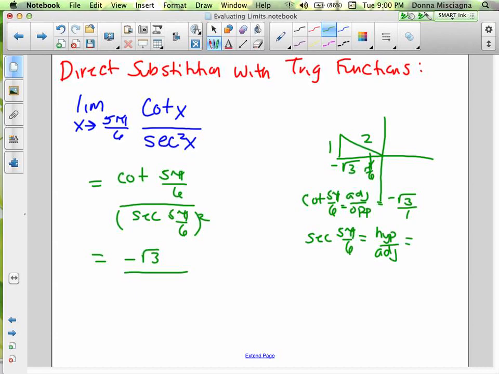So that's going to be, I'm going to put the negative in the numerator, negative 2 square roots of 3, or I can call that negative 2 square roots of 3 divided by 3. And it's not going to make that much of a difference which way we choose to deal with it.